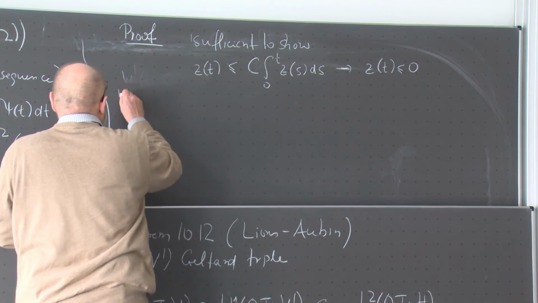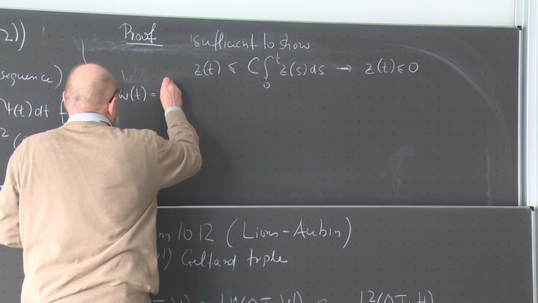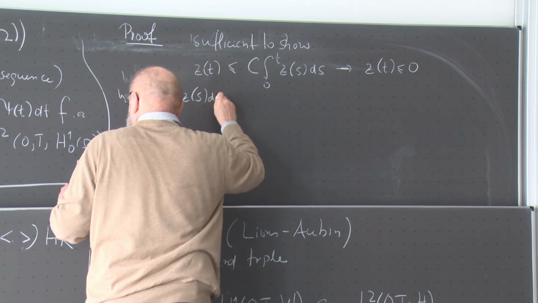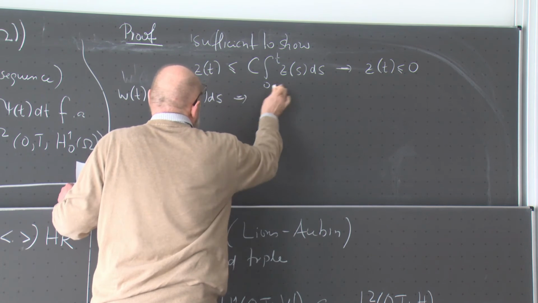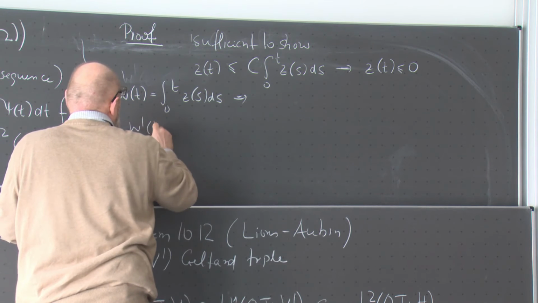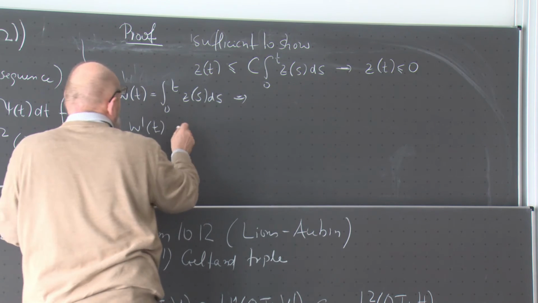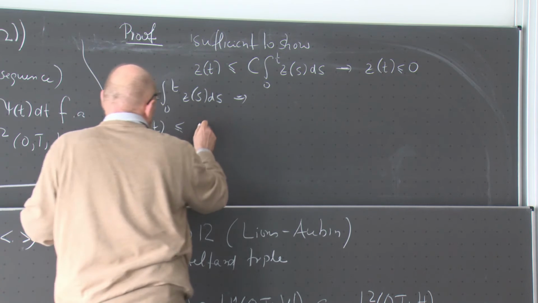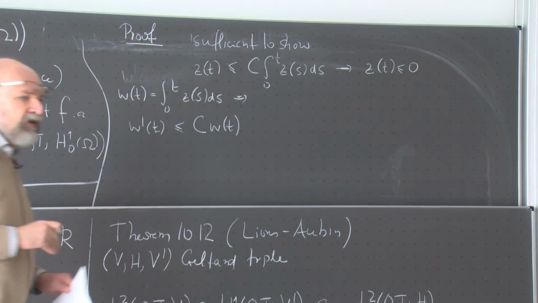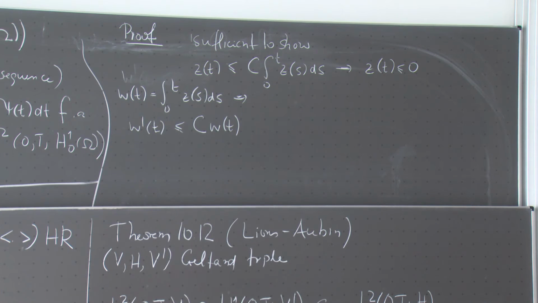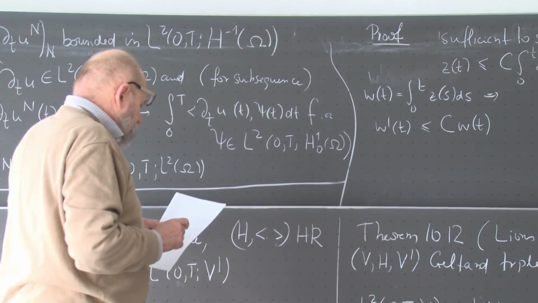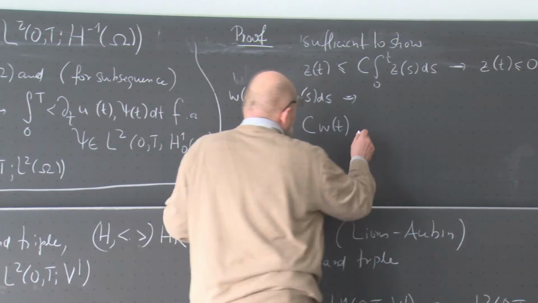Now we do the following. We look at the primitive, and for this primitive, what does that mean? The w prime is smaller than cw. Now I have transferred this integral inequality to a differential inequality. So now I do the following trick.